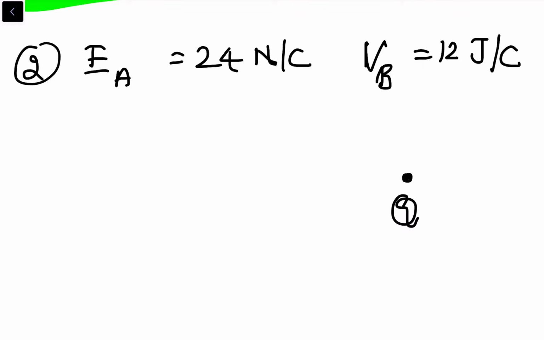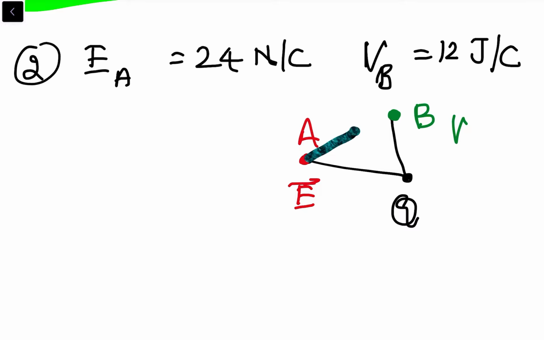This is the point Q, and from Q there is a point A here, where they have given the value of electric field, and we don't know where the point B is. Just randomly I'm taking another point B somewhere. Let's assume this is the point B here. There they have given the potential value. Now what we have to find here is the distance between A and B.